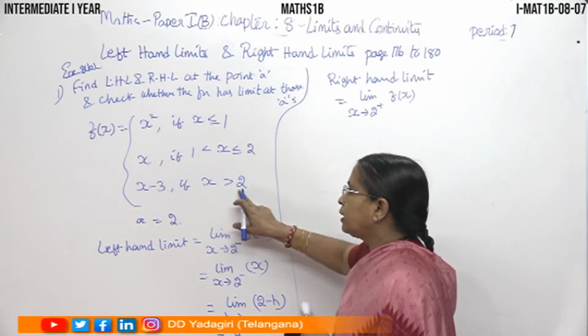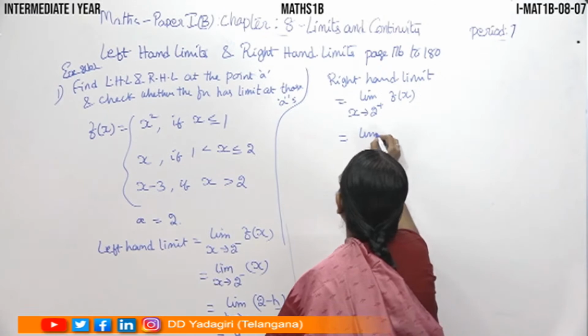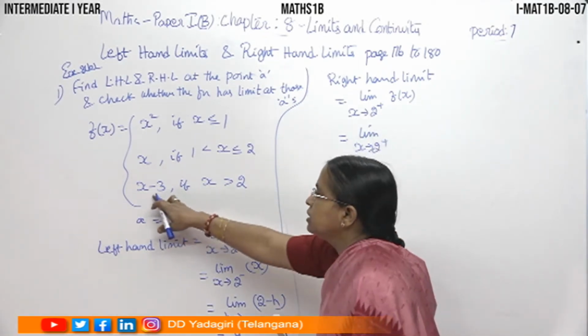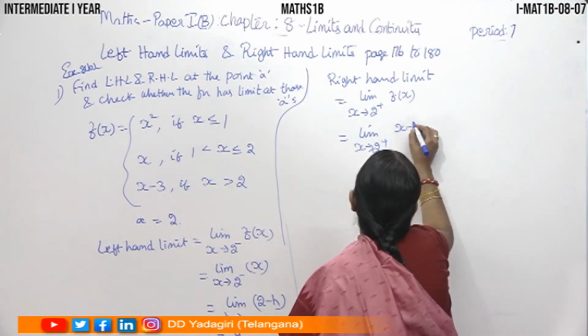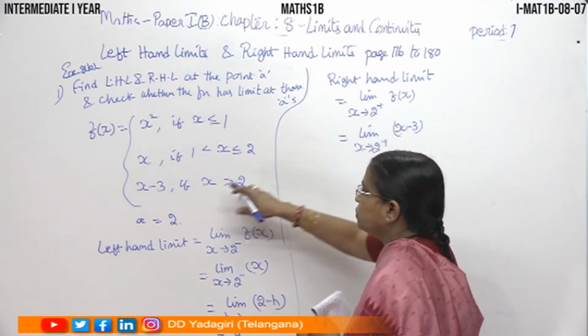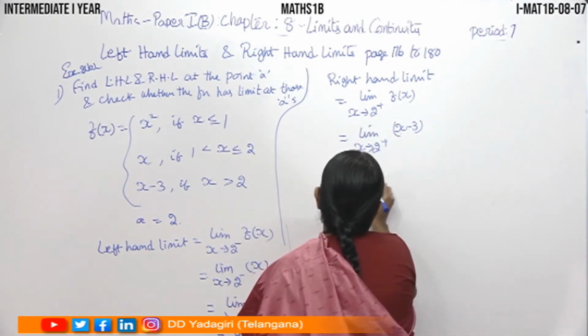Nearer to 2 but greater than 2 means it is this. I should take this definition. So it is equal to limit x tending to 2 plus of f of x, now it is x minus 3. So how it is defined in that particular value? You should take that definition of the function.